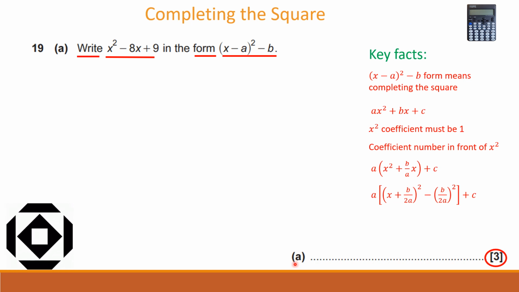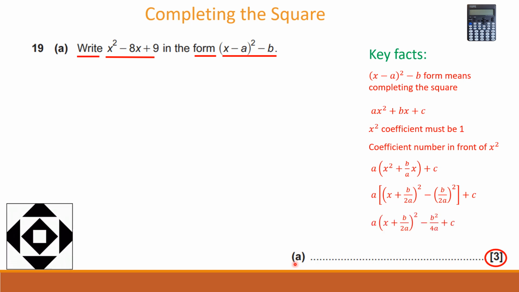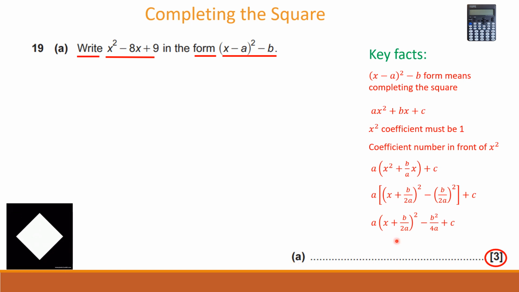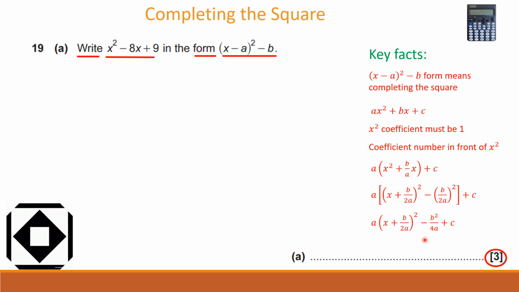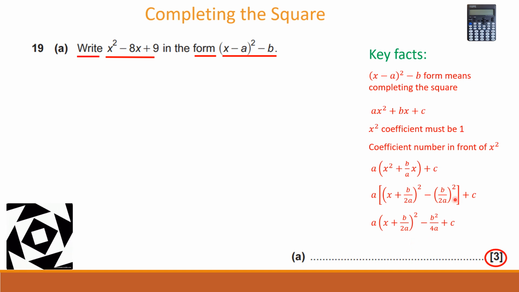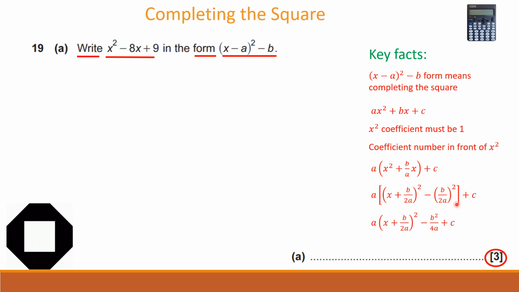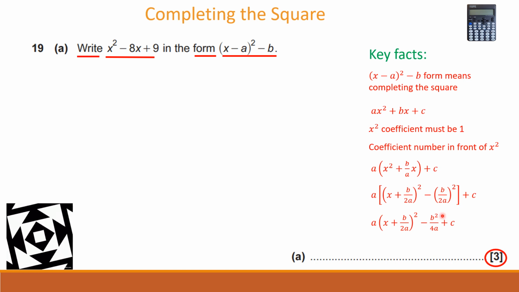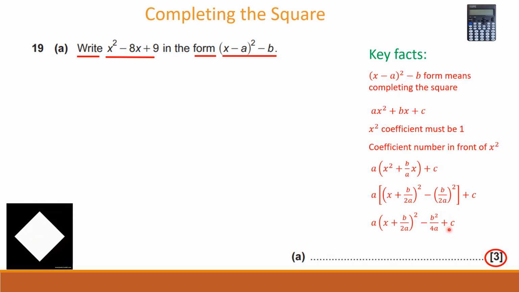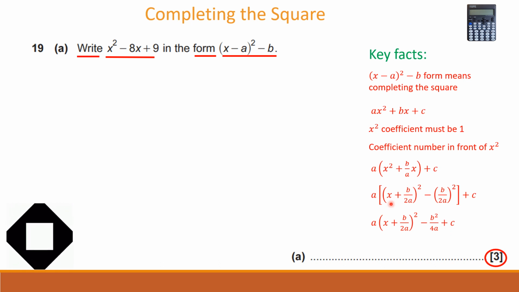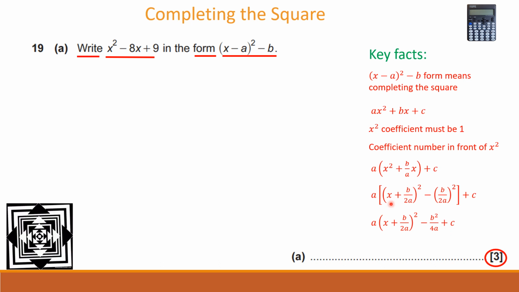From here, we're then going to multiply back in the a. So the a comes at the front here, and then you've got a times by x plus b over 2a all squared. When I expand this bit here, I've got b over 2a all squared. I can square the top term, which is the numerator, and square the denominator. So b squared is the numerator, and then I have got over 4a squared, because 2 squared is 4, a squared is a squared.